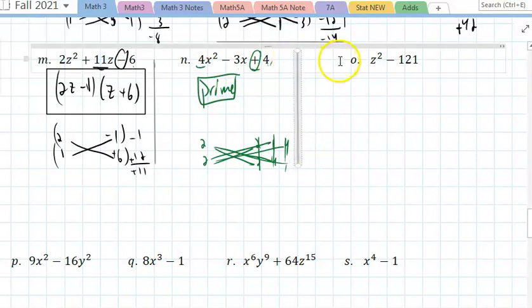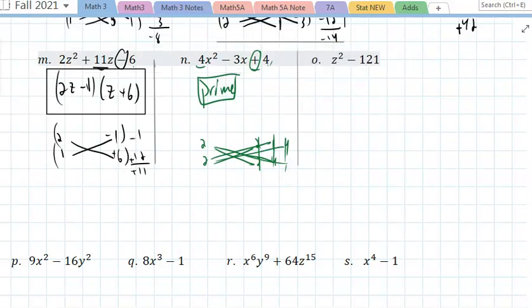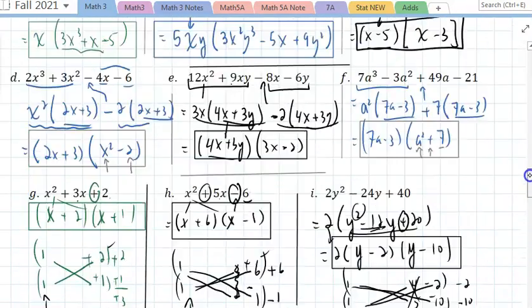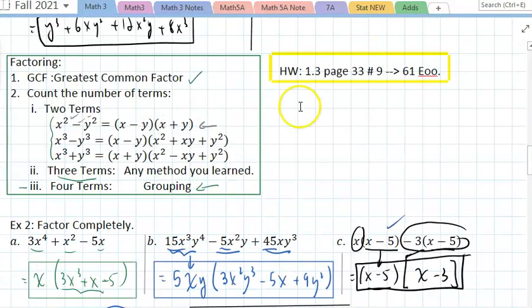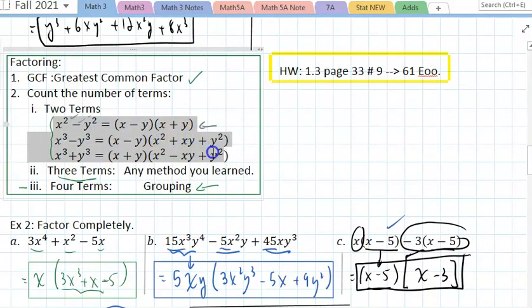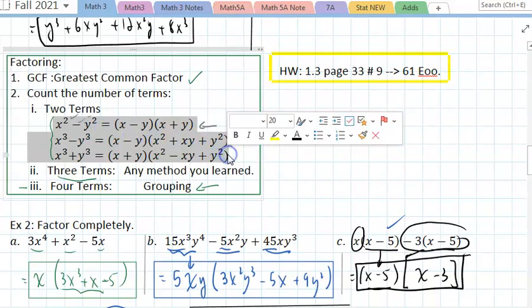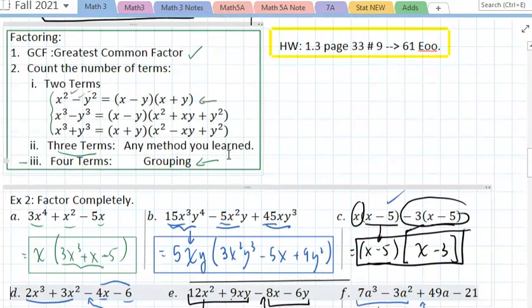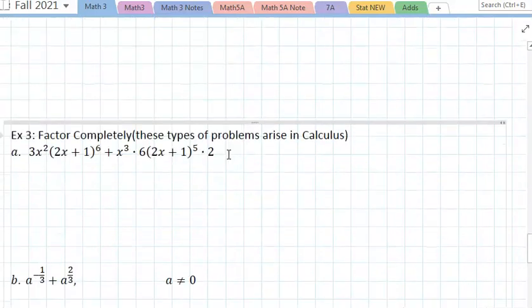So those are the worst because you have to take into account all different combinations. I look at 3 terms and what do I notice? If this is a square, I'm aiming for that formula. Let me see if I can copy that down. Okay, let's see if I could squish that down there somewhere because that's what we're going to use.